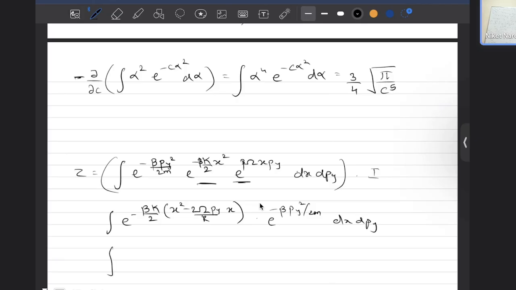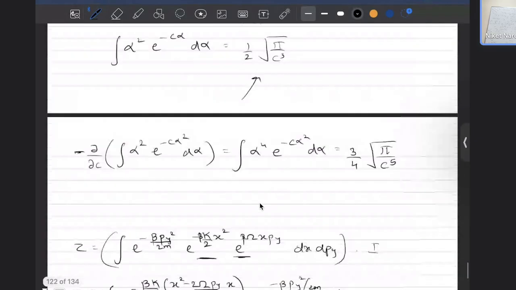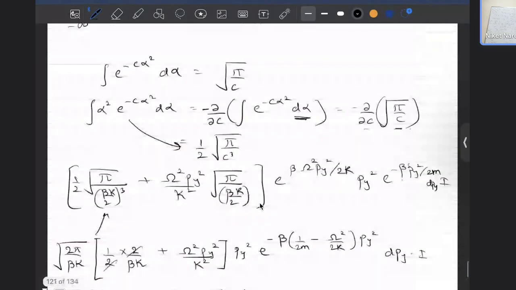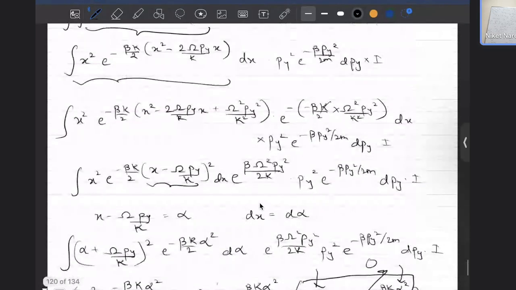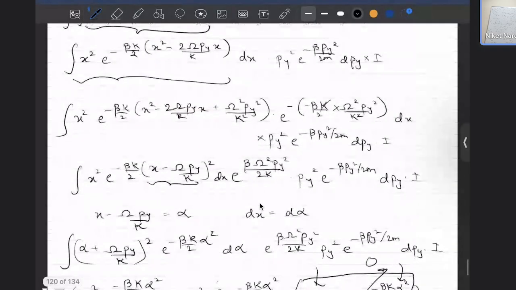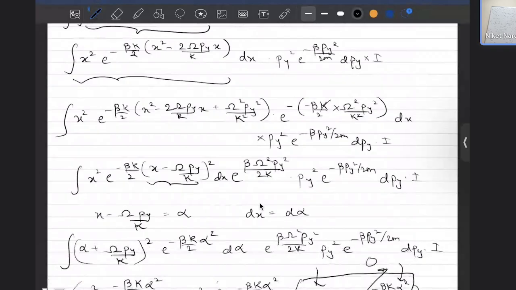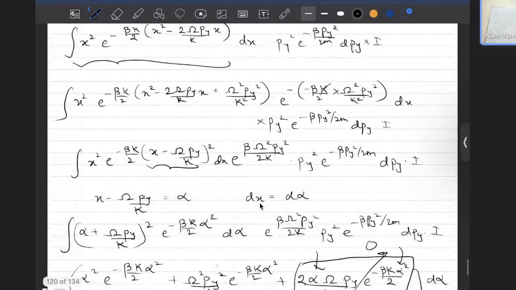The same thing again, we have done this already. E to the power minus beta kappa by 2. Just let me check this. I did get something similar only, right? Yes. Beta omega square py square by 2 kappa is what I had to take outside.